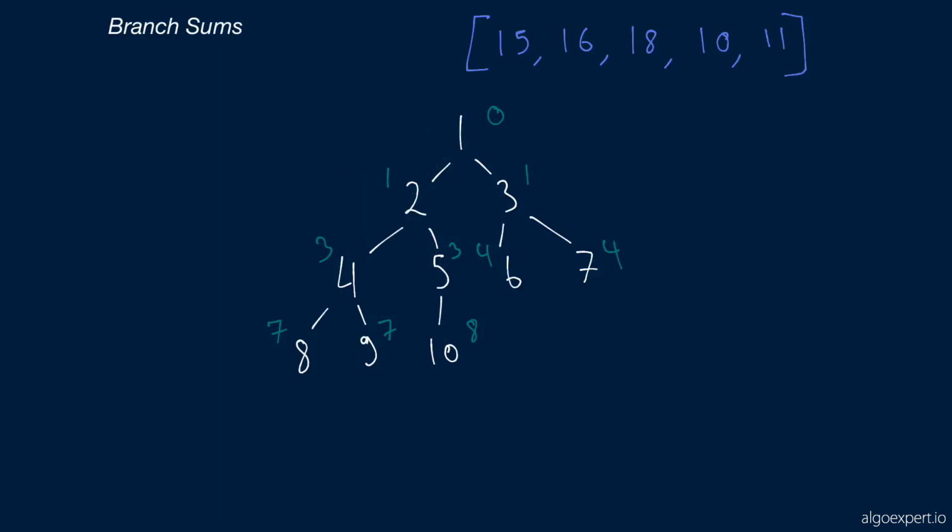But okay, now we are at the leaf nodes. What do we do at the leaf nodes? Well, we are at the 8, and we can say, hey, we have neither a left node nor a right node. So we know that we are a leaf node. So in that case, we are going to once again sum up the current value and the running sum. So 8 plus 7, this is going to be 15, and we're going to add that to a list of sums that we might be passing down as well.